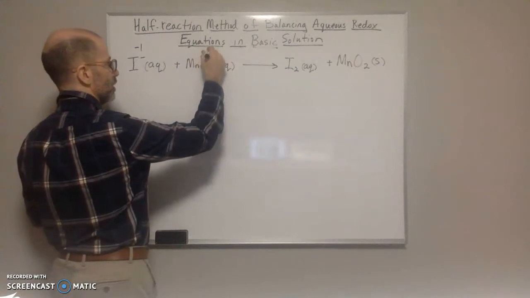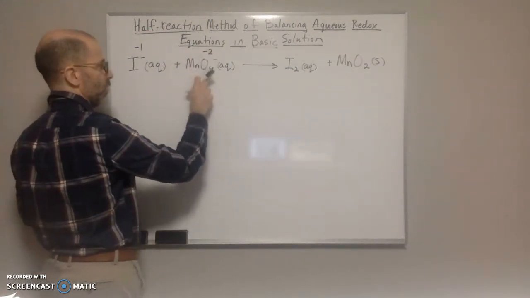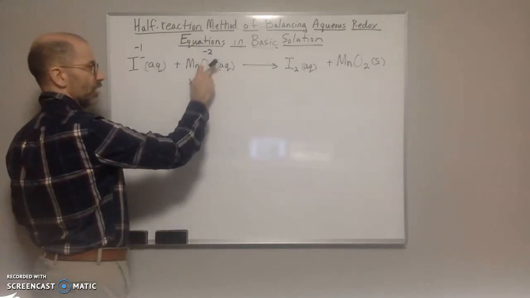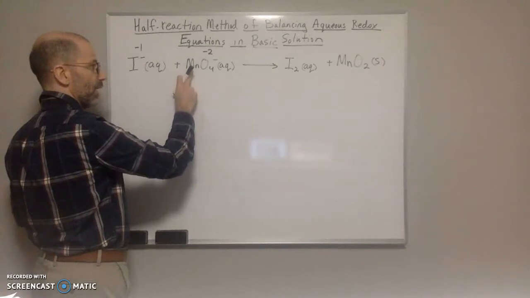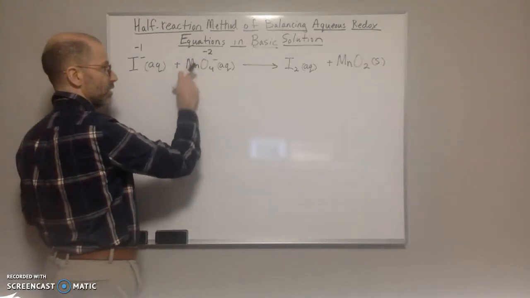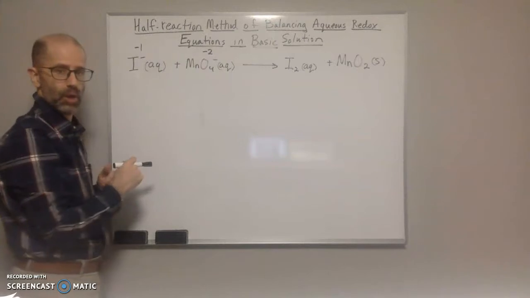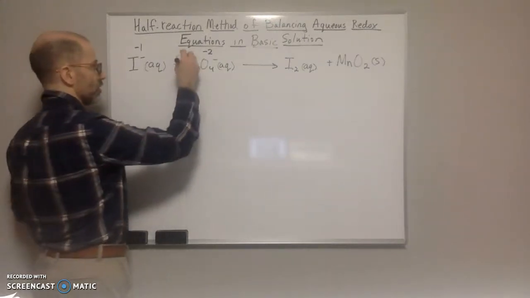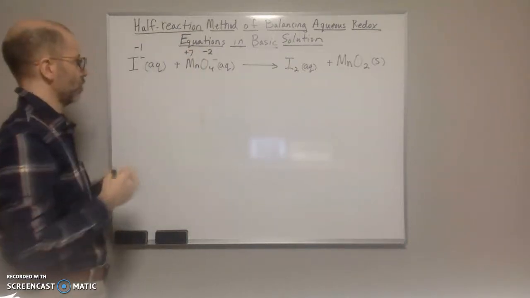We have an overall charge of -1. So the total for the manganese should be such that it's going to be a positive charge such that we get an overall -1. So that's going to have to be a +7. So this is going to be +7 oxidation state for the manganese.